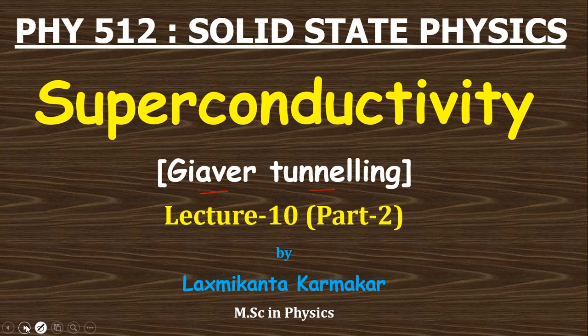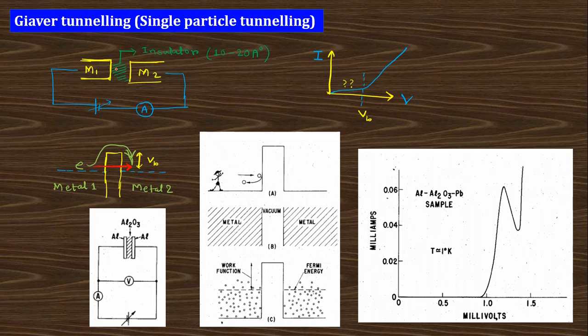What do you mean by Giaver tunneling? Suppose there are two metals separated by an insulator, which is nearly 10 to 20 angstrom thick. Now, if you apply an external voltage source, then current will flow due to tunneling, because there is an energy barrier.